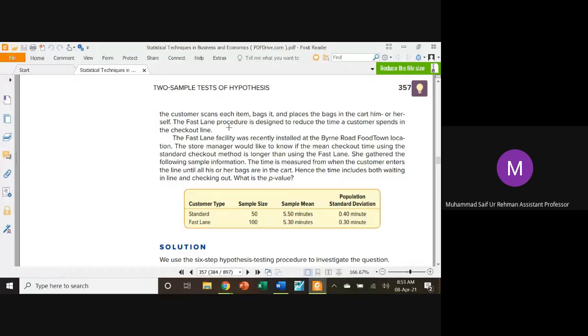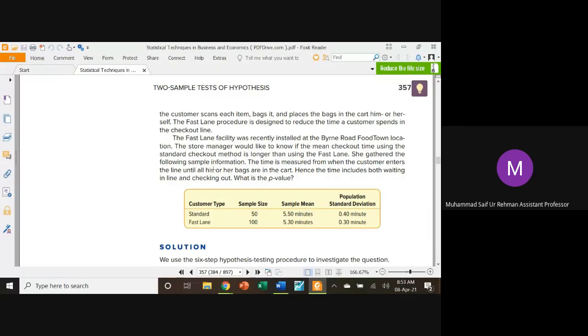The fast lane procedure is designed to reduce the time a customer spends in the checkout line. The fast lane facility was recently installed at the Birni Road Food Town location. The store manager would like to know if the mean checkout time using the standard checkout method is longer than using the fast lane.